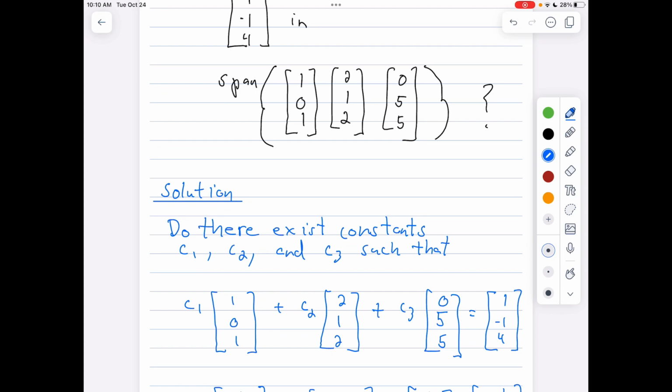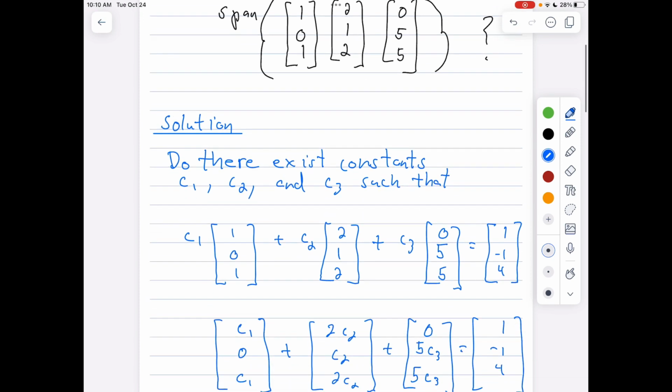So what you're always asking when something's in the span of something is, is there a way I can rewrite the vector as a linear combination of the vectors in that set, in that span? Okay, that's what we're saying.